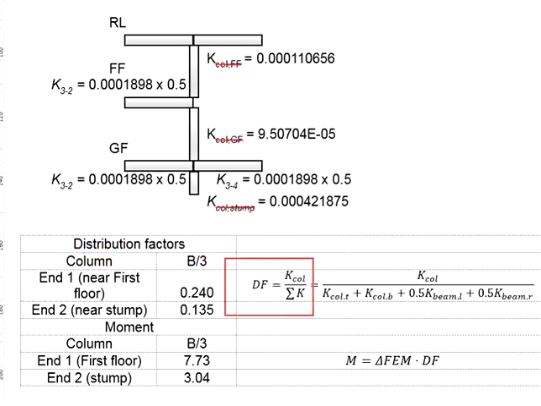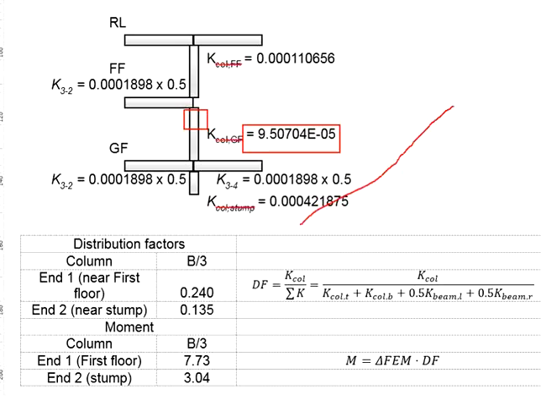The distribution factors, you will need to calculate the stiffness of the column divided by the total stiffness of that particular joint. Let us first deal with this end. There are 3 members here. You want to get the moment of this column. Take this column stiffness divided by the total stiffness of all members at the joint.